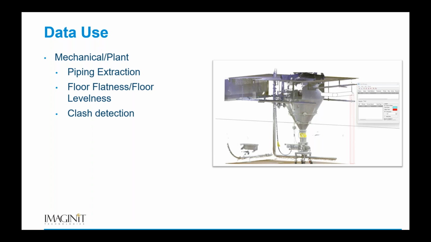Sometimes I want to know, hey, this new equipment we're putting in, does it clash with any of my existing data? That's a huge one for design and layout, right? We can not only do one scan and try to figure that out, but we can do scans over time and be able to compare those scans to our design to see if, hey, did somebody put hangers in the wrong location and now there's, I don't know, fire suppression system in the way.